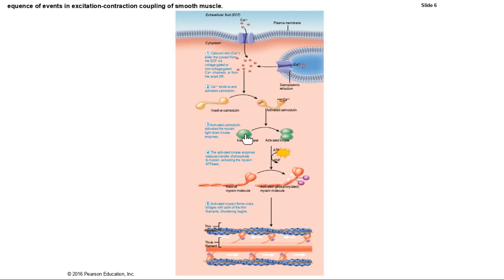So see what's happening here. The activated kinase is actually going to take a phosphate from ATP, and it's going to transfer that phosphate from ATP over to the myosin head. We can now say that the myosin head is phosphorylated or activated.